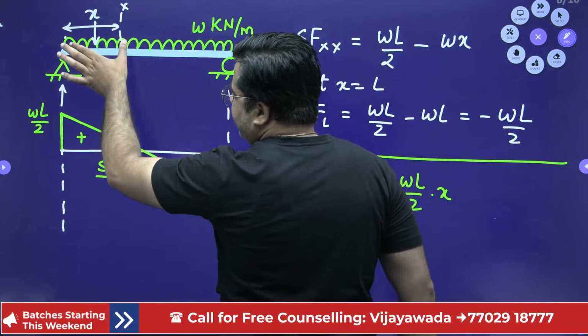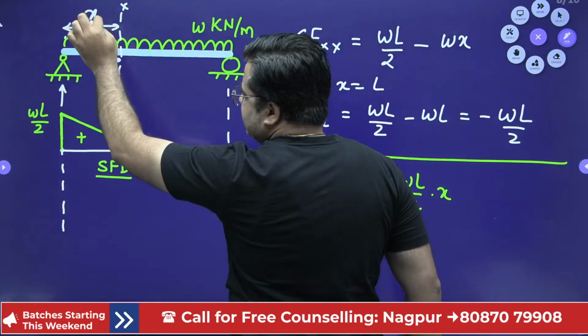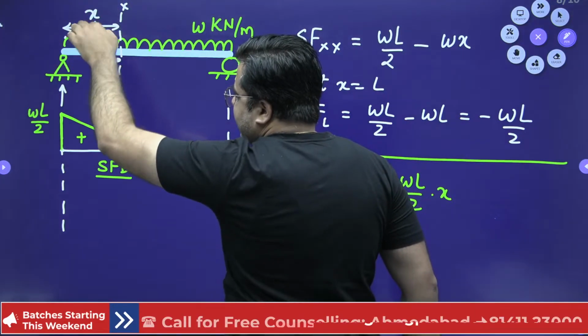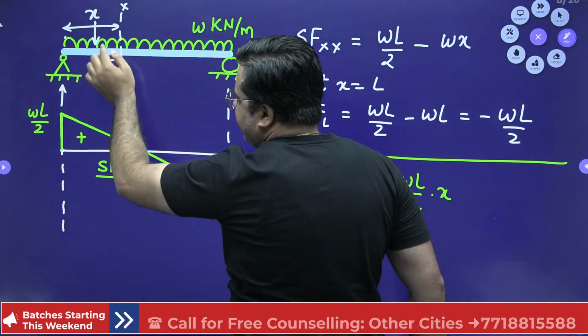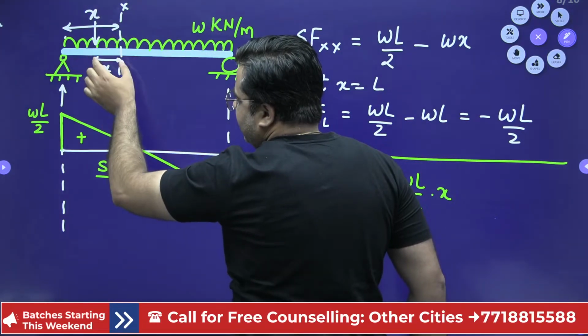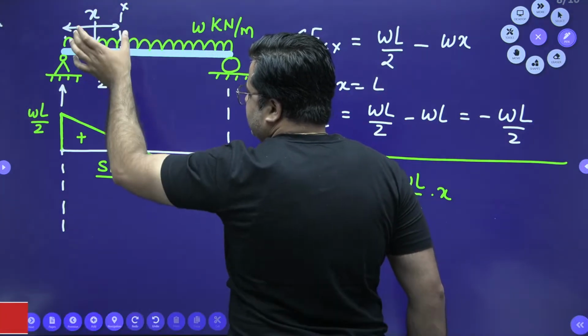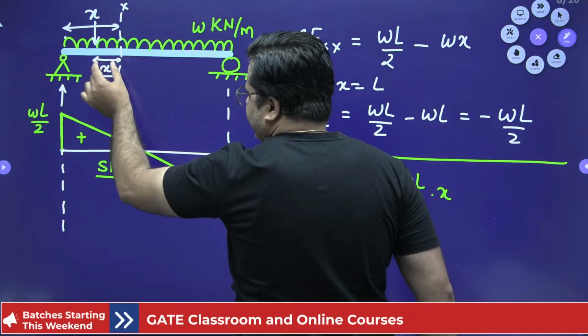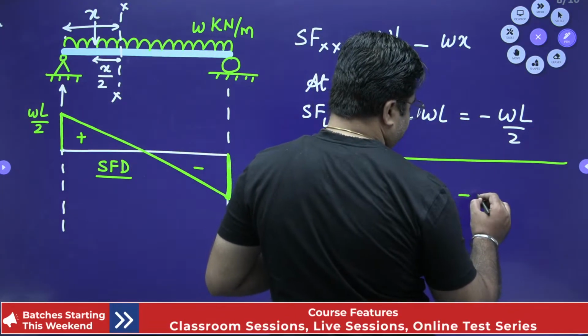The second moment will be due to this UDL. The total UDL is W into X, and this W into X will be acting at the CG of this UDL, and the lever arm will be X by 2. This CG of this UDL will be at a distance of X by 2 from this section XX. So this is W into X by 2 will be the moment due to this UDL, and this will be a hogging moment.